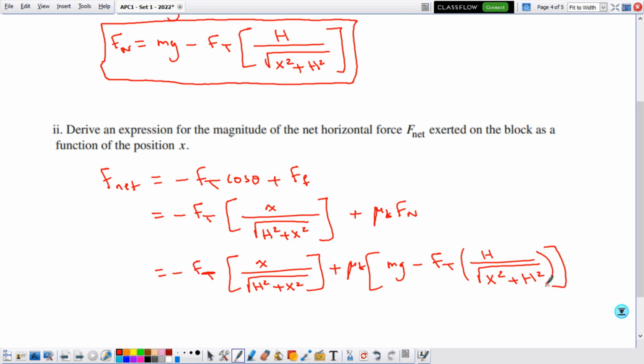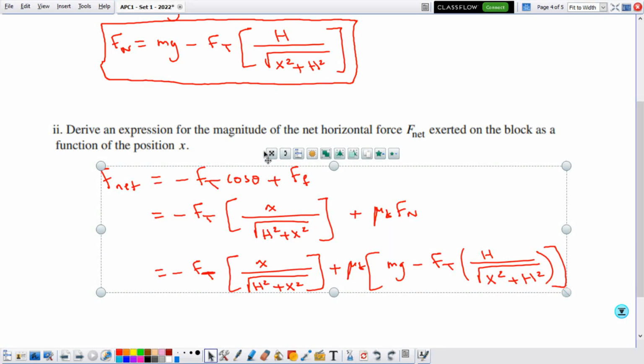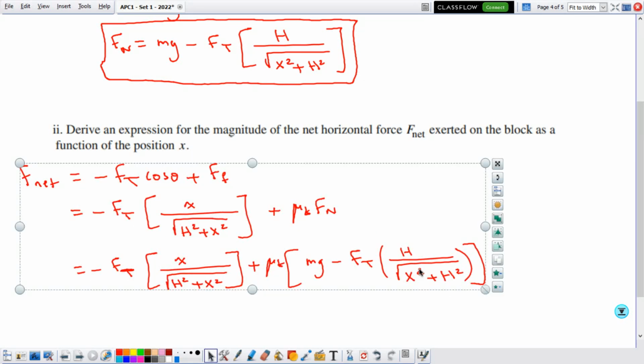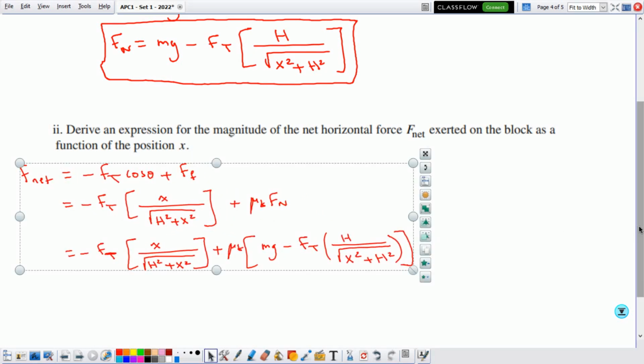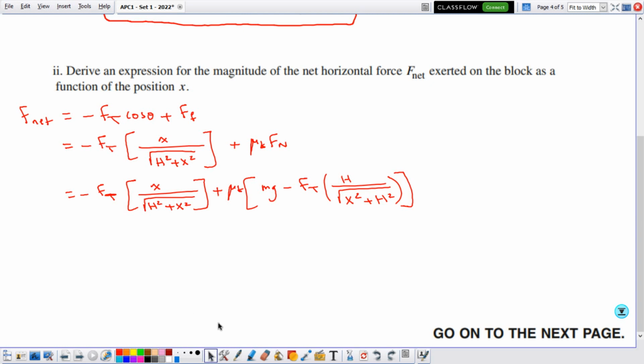Okay, now let me represent my solution more neatly. Now here what we can do, Ft appears here and here, so I can factor minus Ft out and open a bracket.